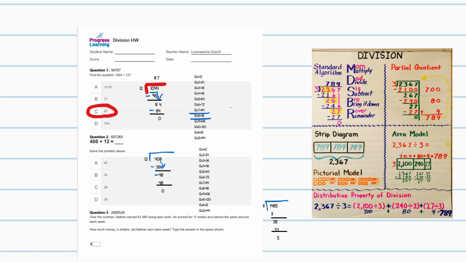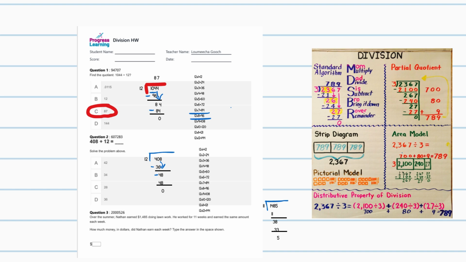That number goes up top next to the number you put over 40. And that will be your answer. You guys should be able to figure out what the answer is. Please make sure on your papers you show the work and you look at those multiples on the side and figure out what the quotient should be.